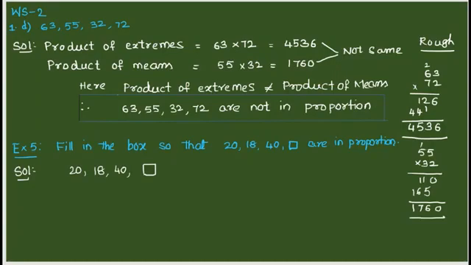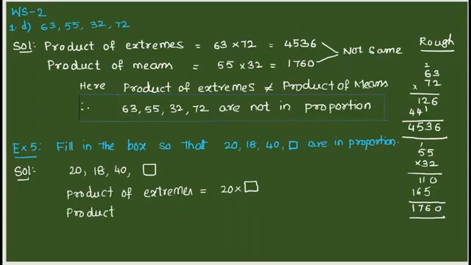That is a question, children. So since already it is given that they are in proportion, now you can take it granted that product of extremes must be equal to product of means. They should be equal. Now let us see the product of extremes first. We can write product of extremes equal to 20 and the another extreme number, we don't know that. So box is given, the box of unknown number. Now let us write product of means.